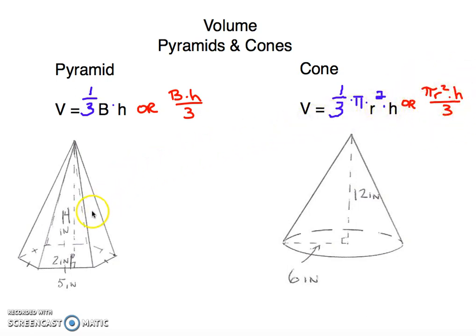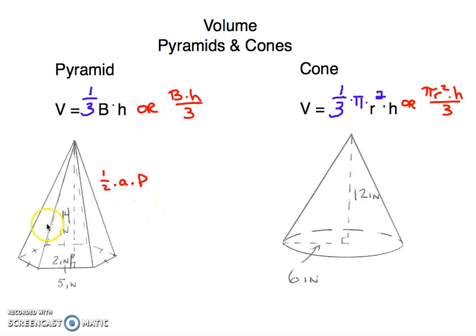So if we take a look at this pyramid here, our base is a regular polygon. In order to figure out our capital B, we need to do the area of this base, which, since it's a regular polygon, is going to be 1/2 times the apothem times the perimeter.